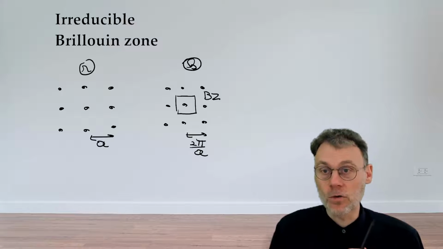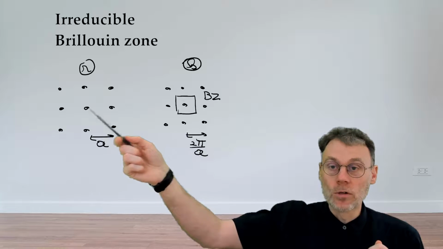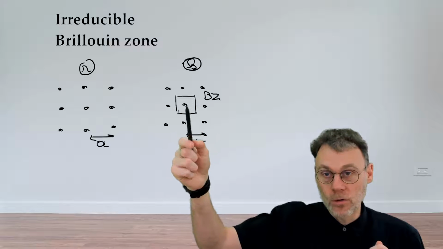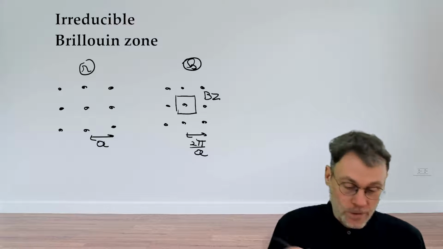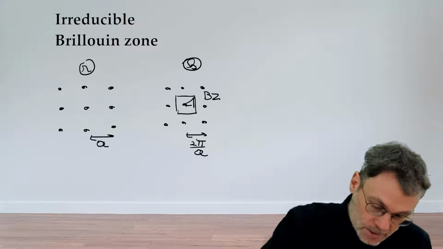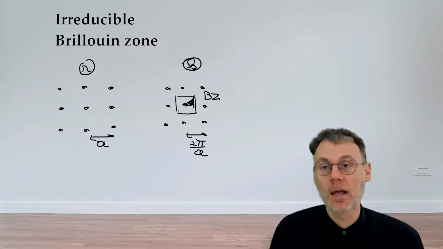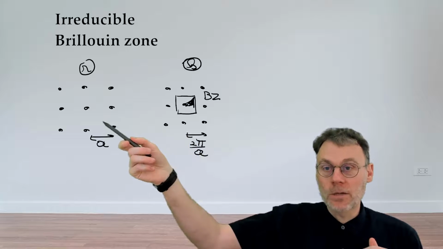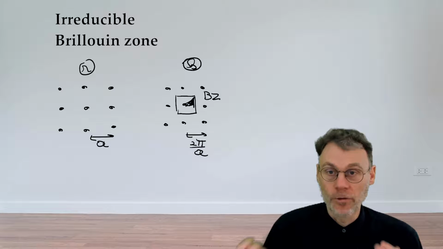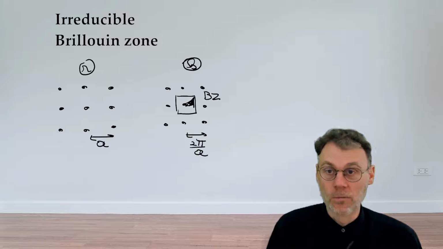What is of interest to us is that the fact that these extra symmetries are present will also mean that the square Brillouin zone that we've drawn here can actually be made smaller. More specifically, we can make it as small as this little triangle here, like 1/8 of the Brillouin zone. If you take that triangle and apply all of the extra symmetries present in the crystal beyond the periodicity, you can fill out the entire original Brillouin zone.